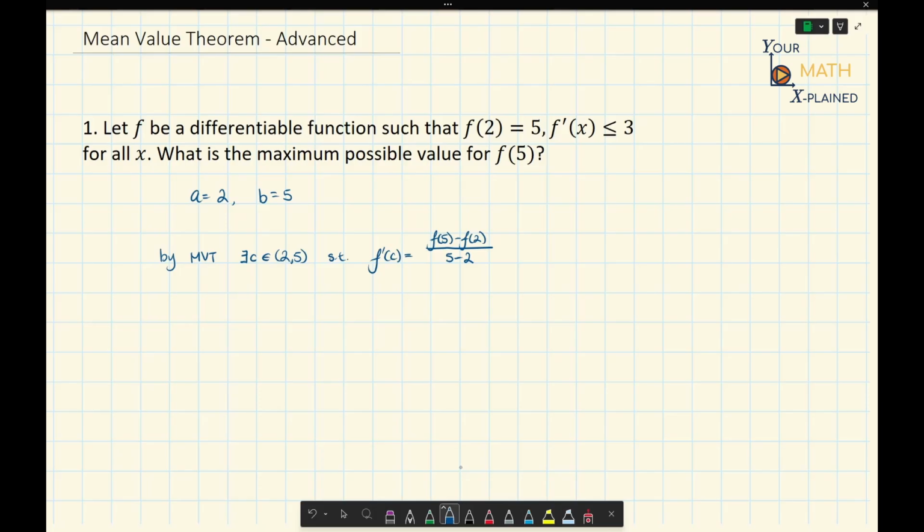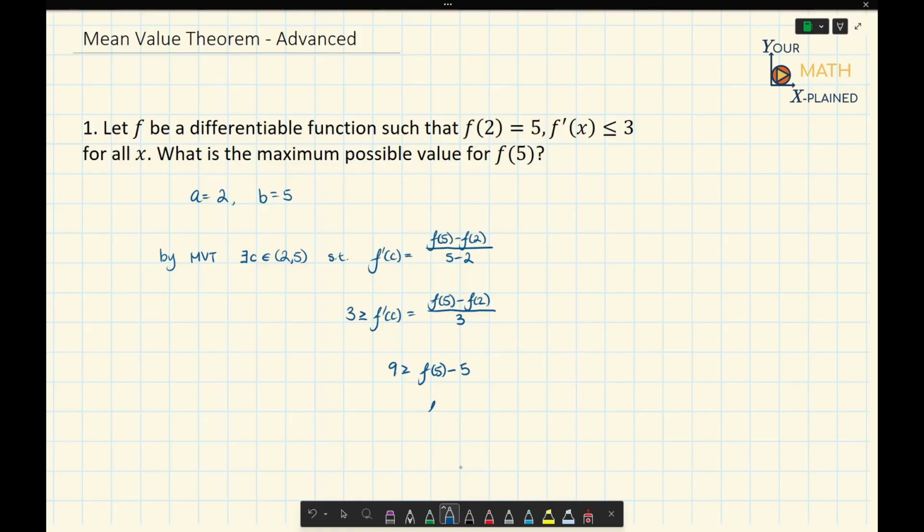Now, since f prime of x is less than or equal to 3 for all x, we have f prime of c is going to be less than or equal to 3, which is equal to f of 5 minus f of 2 over 5 minus 2. Now, multiplying both sides of this inequality by 3 is going to give us 9 is greater than or equal to f of 5 minus f of 2, which is equal to 5.